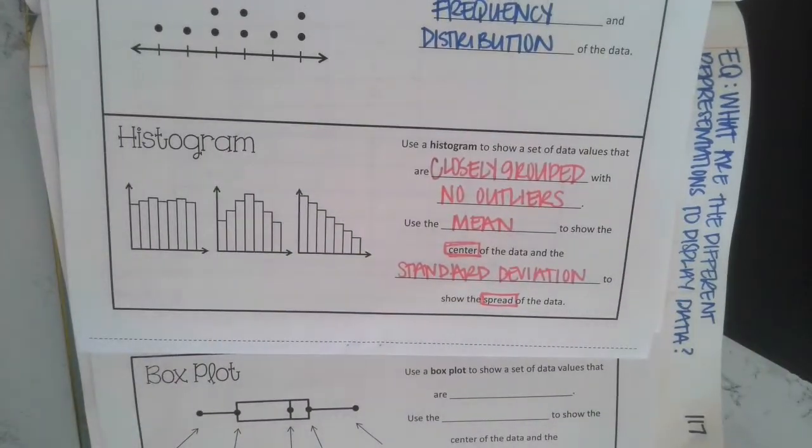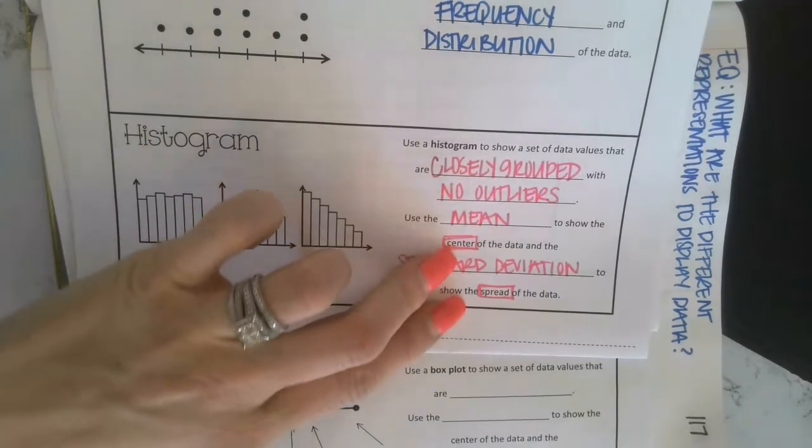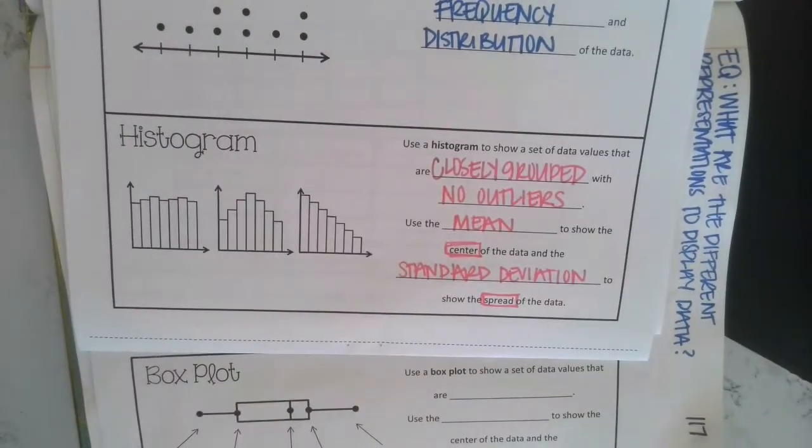So essentially, standard deviation is like how far away from the mean data points are, kind of like the MAD, kind of, but not really. And again, we're going to talk more about those two things when we get to appropriate statistics.